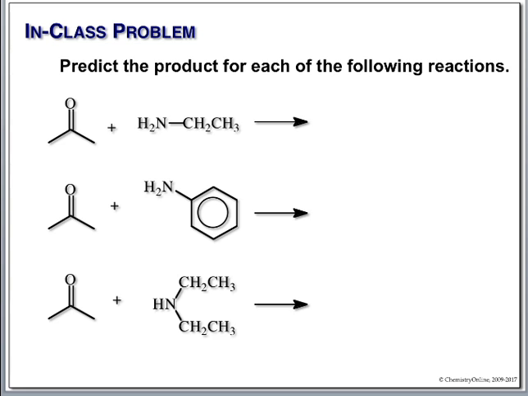All we're going to do here is take the nitrogen, we're going to add it. We're going to lose the elements of water, make a carbon-nitrogen double bond. This is the ethylamine imine of acetone.